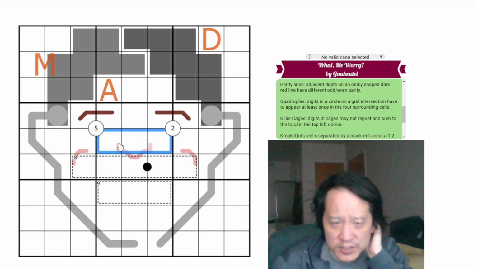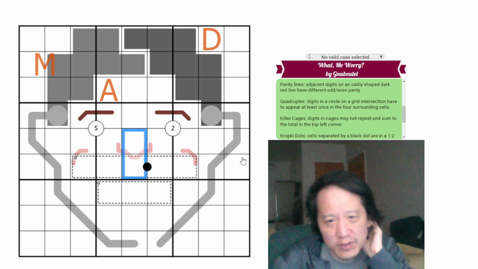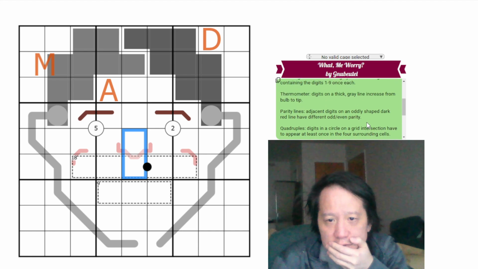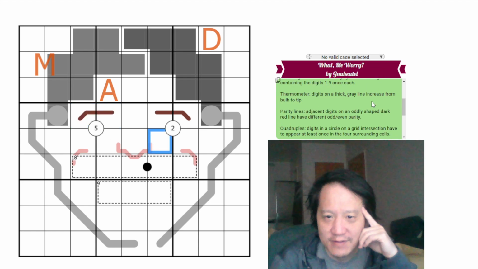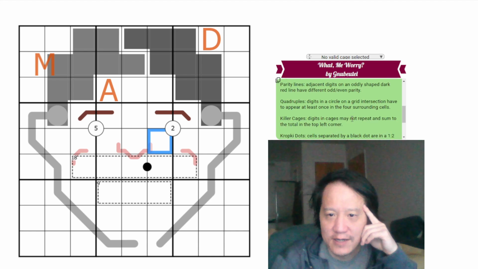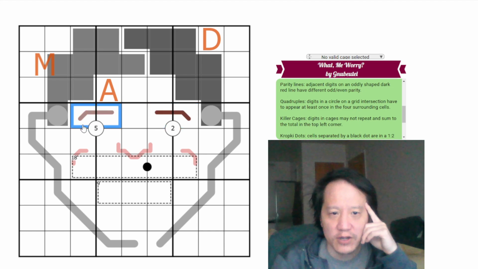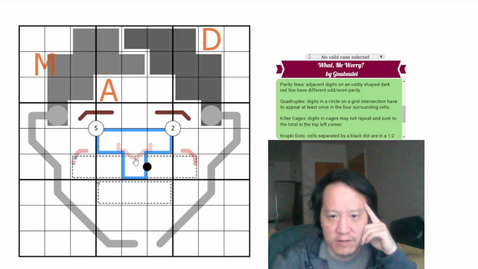I'm not sure if it goes here and then goes down. Maybe, I don't know. Oh, I guess these are also parity lines too, because it's somewhat red. It's just a different color red, on oddly shaped dark red lines. So this is the oddly shaped dark red line. Okay, so these are the parity lines. These are not because these are not dark red.